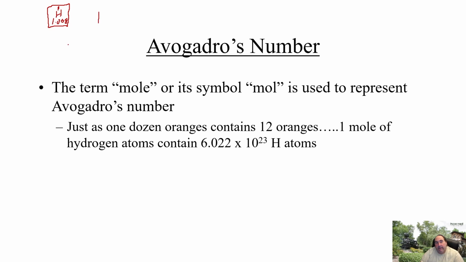So we could say in every 1 mole of hydrogen, there would be 6.022 times 10 to the 23 atoms of hydrogen. Here, hydrogen is an element, so we're going to talk about atoms, and that is why we use atoms as our relationship there. We could go to our periodic table and we could look at our nitrogen.